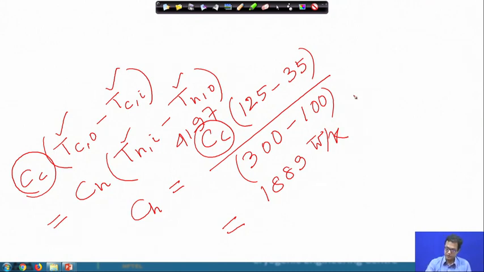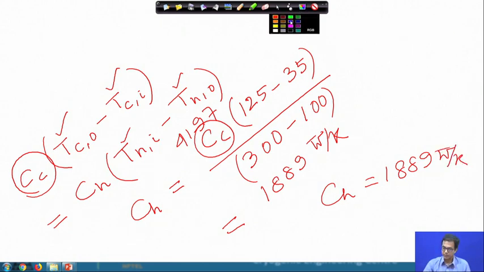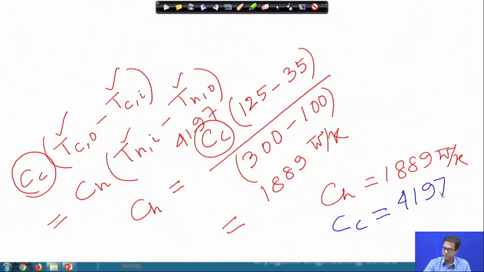So, C_h we know to be 1889 watt per Kelvin, and we know C_c is 4197 watt per Kelvin.